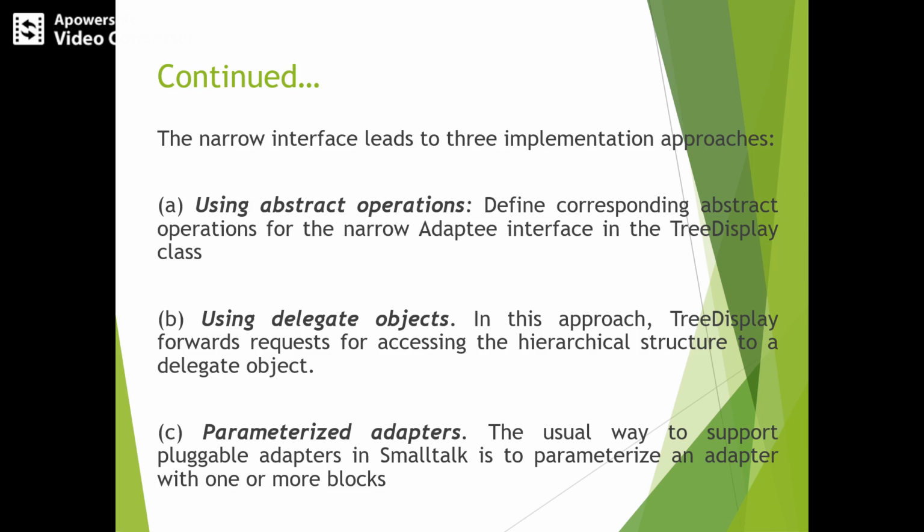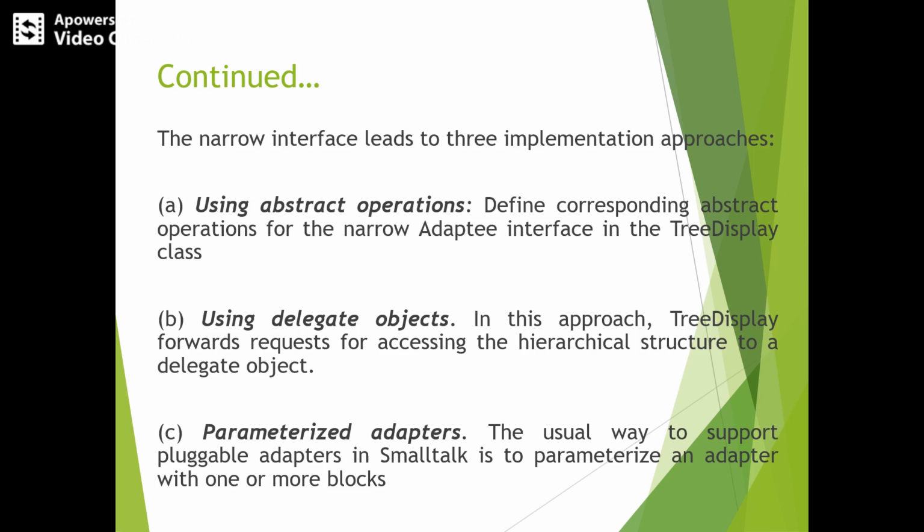Next, the narrow interface implementation using a delegate object. In this approach, the tree display forwards the request for accessing a hierarchy structure to a delegate object. So the tree display can use a different adaptation strategy by substituting a different delegate. One example: suppose there exists a directory browser.